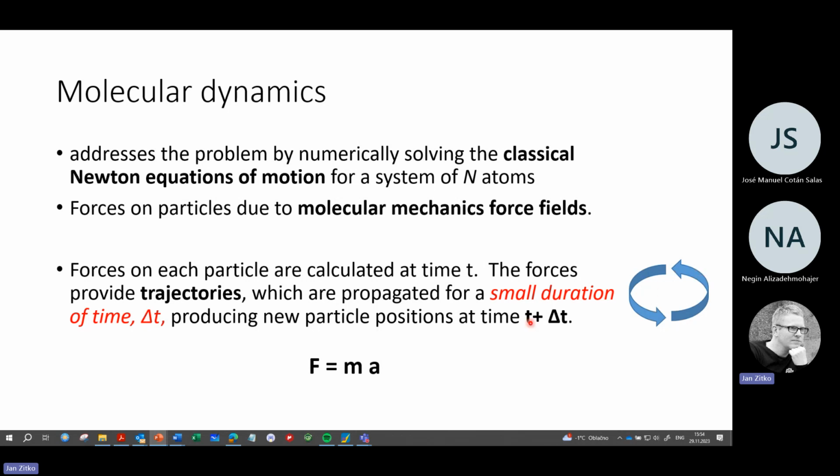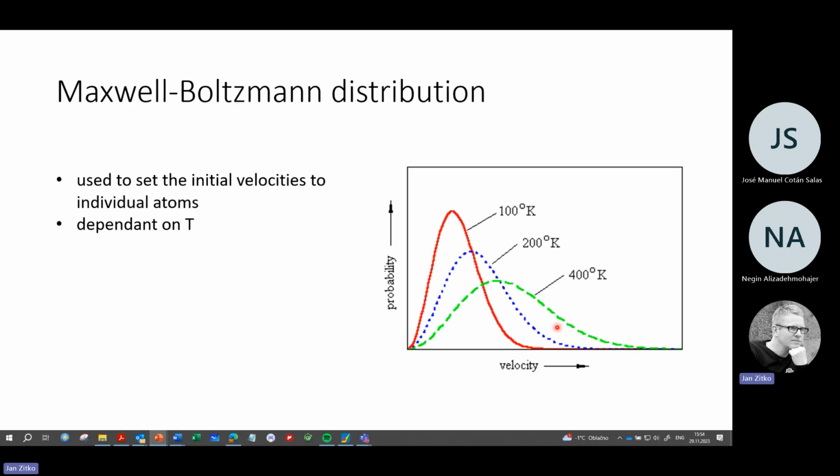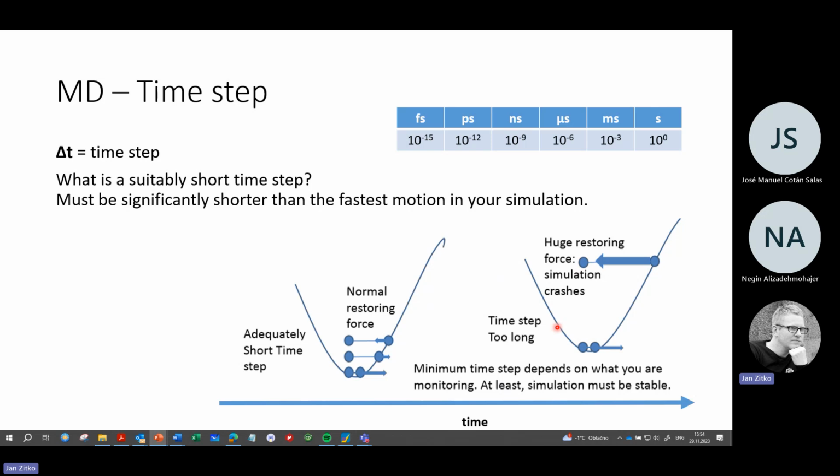Okay, so now let's talk about delta t, the time step of the simulation. I said that the typical MD simulation is usually tens of nanoseconds, hundreds of nanoseconds, the longest ones 1 millisecond. So we are somewhere in this area.